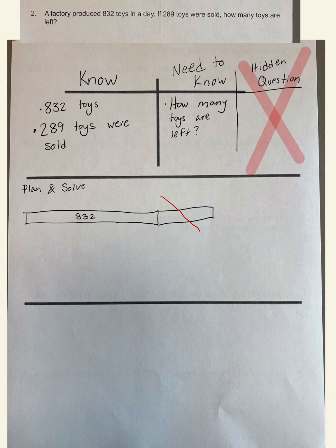But I didn't add any toys. Those 289 toys came from my 832 toys. So if I took it from that, that means I would be placing it right down underneath it.